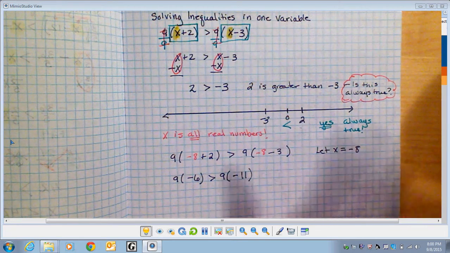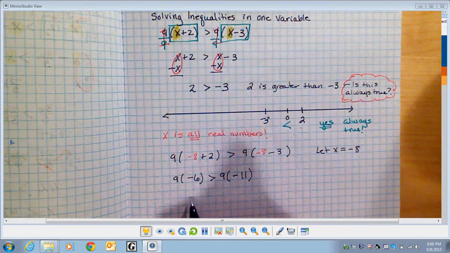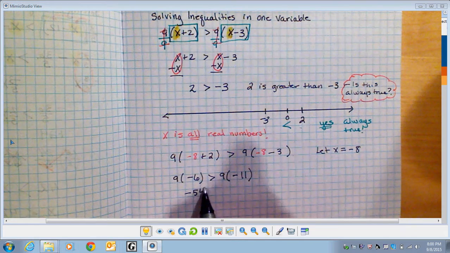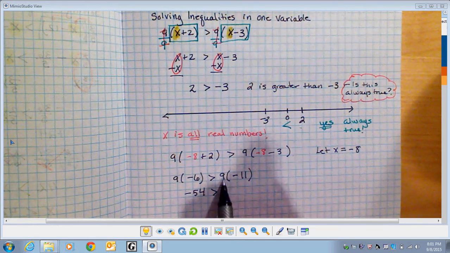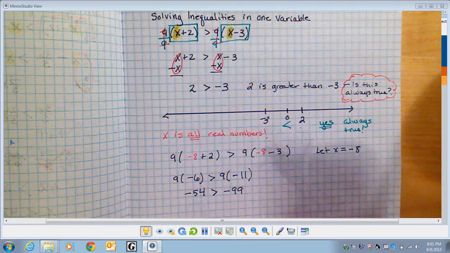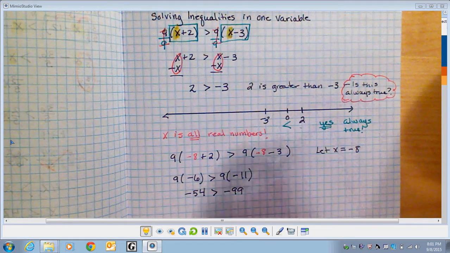And so that's going to be 9 times negative 6 is negative 54. 9 times negative 11 is negative 99. So is that true? The answer is yes, that's true.